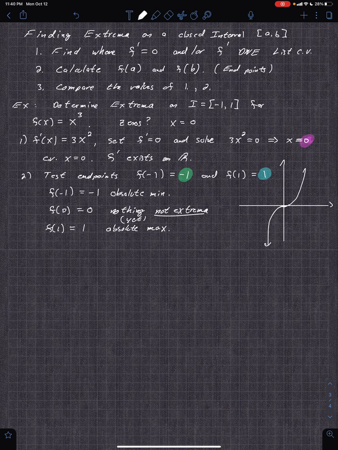So just because you get f prime is 0, you still got to see what's going on. Now we'll have ways to test for local max or min later. I think that's a little farther ahead in sections, but it just means that the slope of the tangent line is 0, which it does go to 0, but it doesn't mean it's anything.